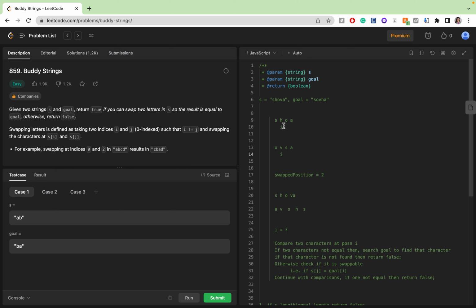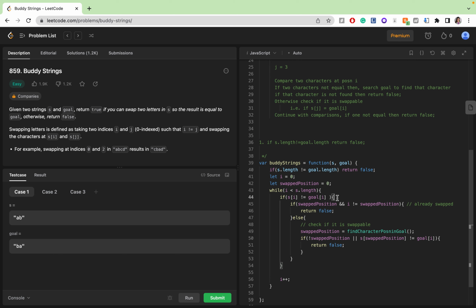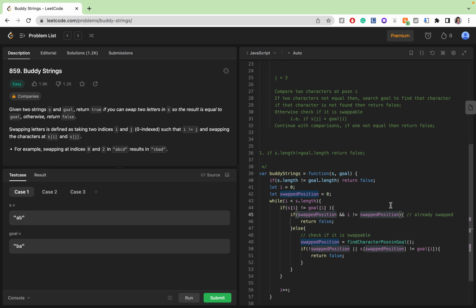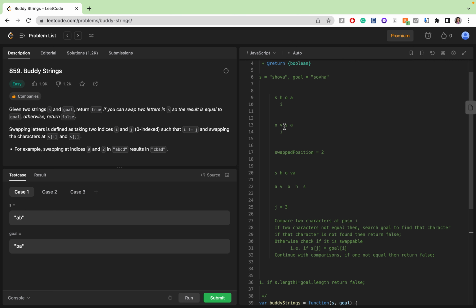H and B, they are also not equal. If they are not equal and it is already swapped, then it will return false. But suppose if they are equal, then it would continue looking at this.